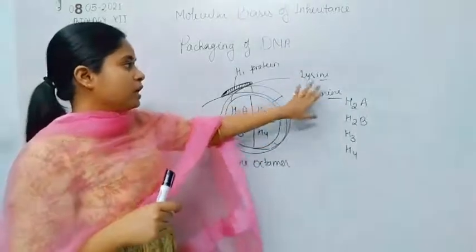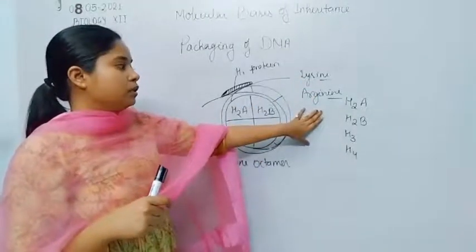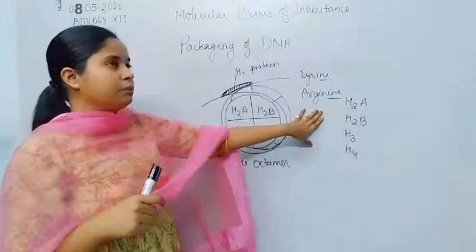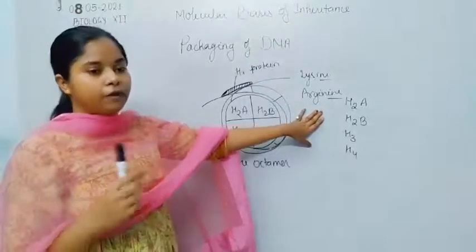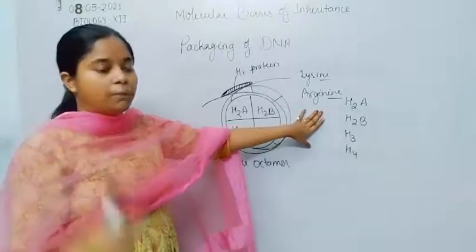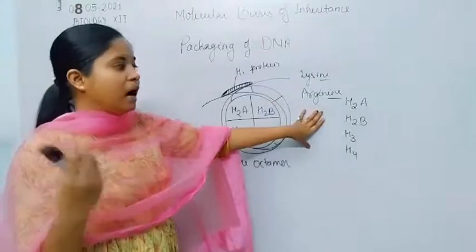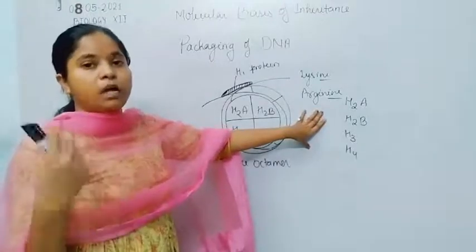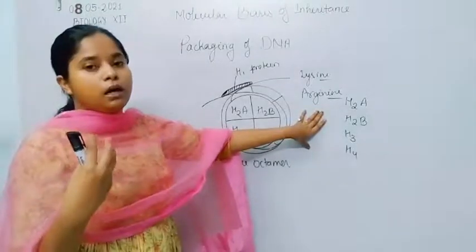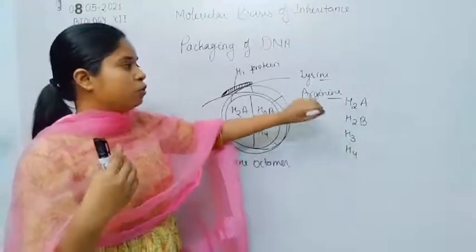Arginine and lysine have a positive charge. That means arginine and lysine have the amine group in the R chain, which creates more positivity.